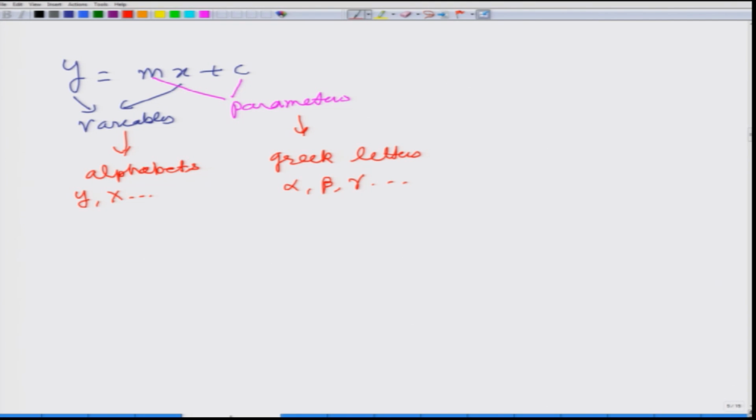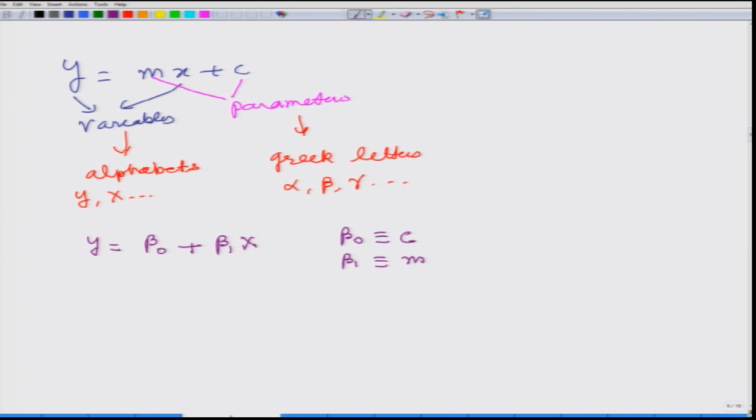So now in case I try to translate this model y is equal to mx plus c into the language of statistics, then I can write my variable as y, this intercept term c can be written as beta 0, and this m can be written as beta 1, and x. So beta 0 has the same role as c, and beta 1 has the same role as m, and x and y remain the same.